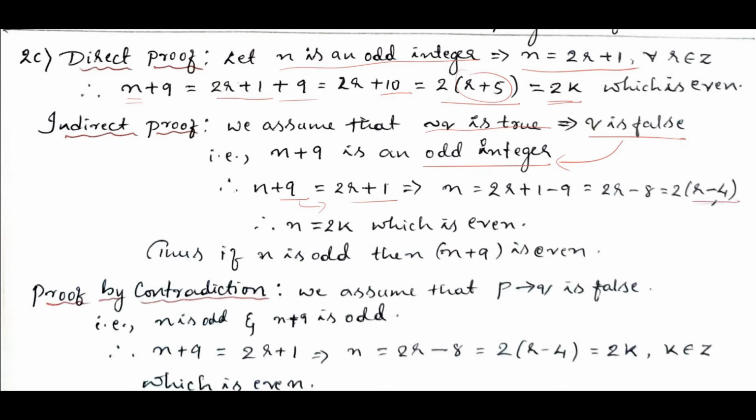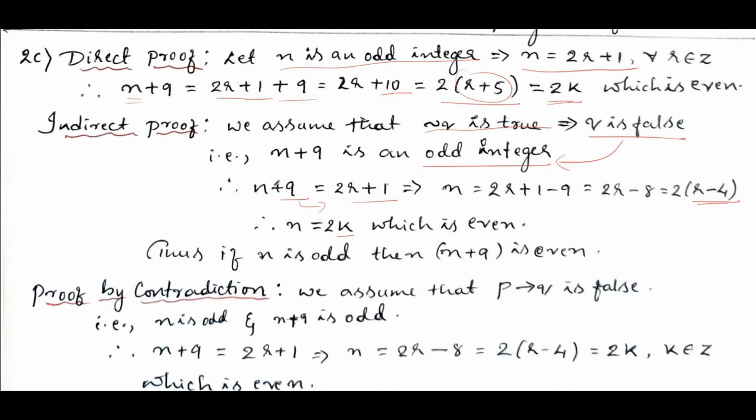So r minus 4 is some integer, which I have mentioned as k. I am left with 2 times k, which is even. Thus n, which the problem gives as odd, I am getting as an even integer.